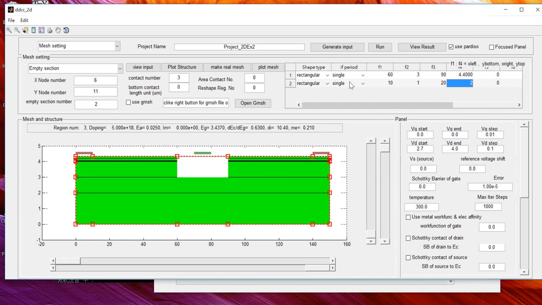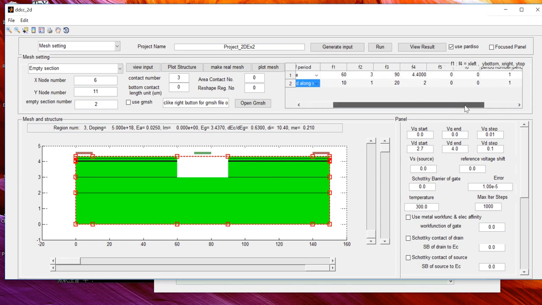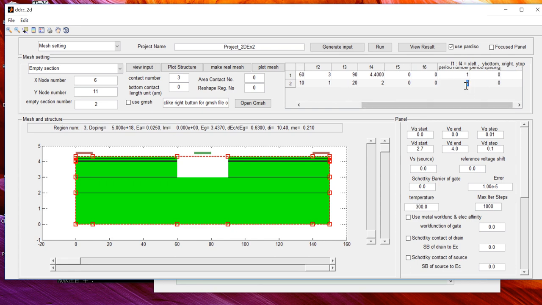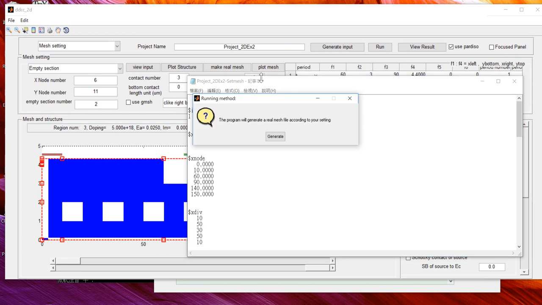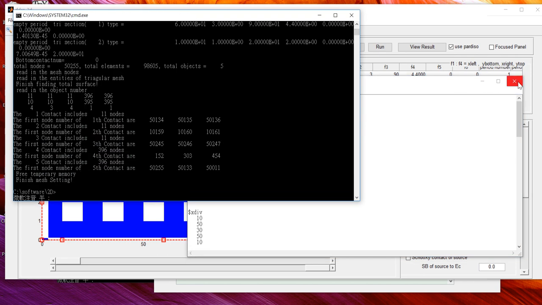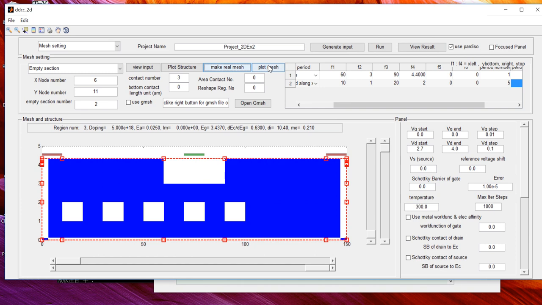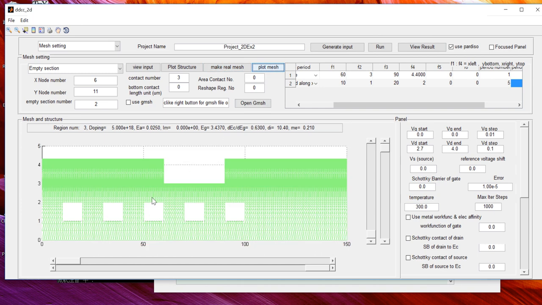Okay, then you choose periodic along x, then it will ask you the periodic number like 5, and the spacing is like 20. Okay, if you plot the structure you can make something like this. And if you make a real mesh, then you can check how the real mesh looks like. It's just like this.